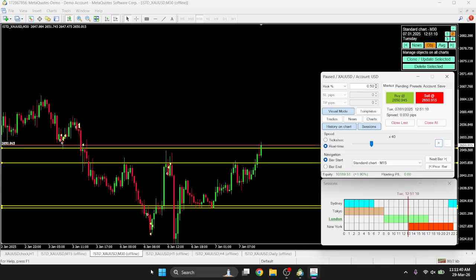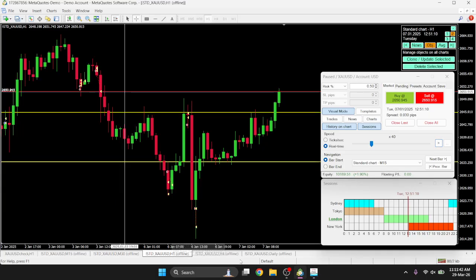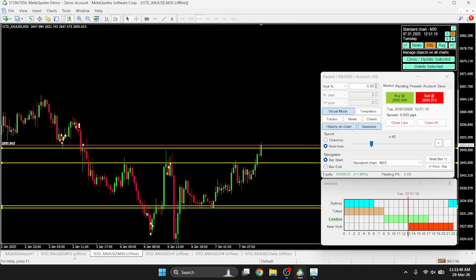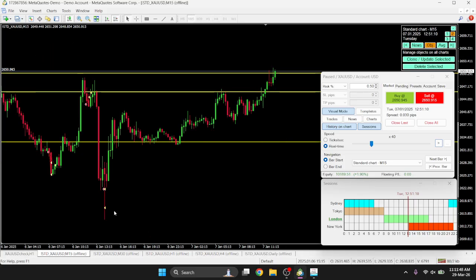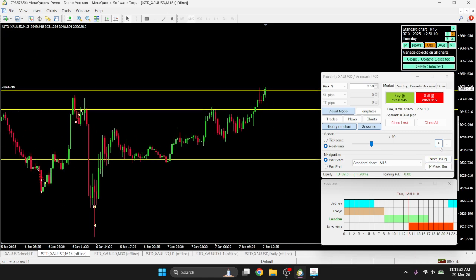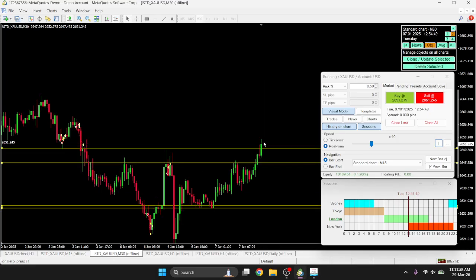Just moving up. No problem. I just need confirmation. Without confirmation, I can't go for a trade. 30 minutes should close above this resistance area.